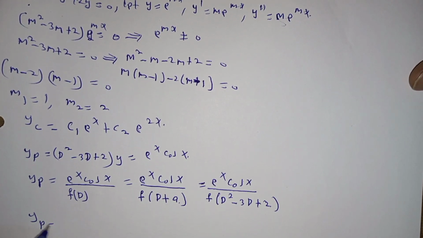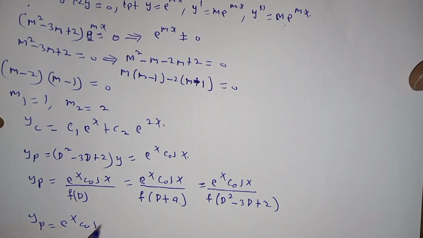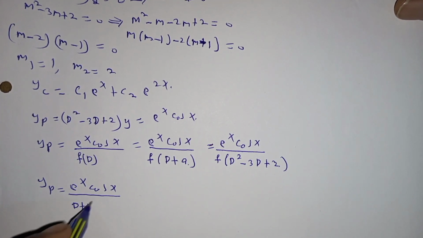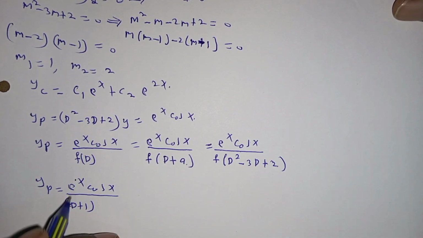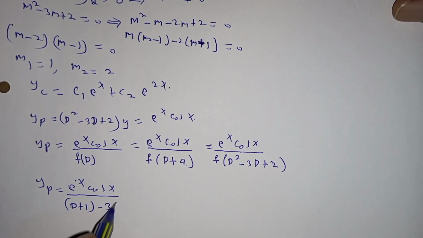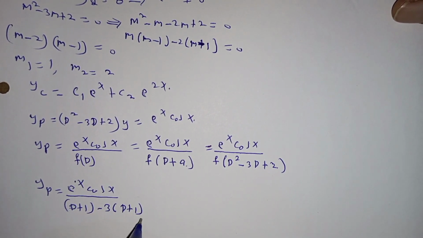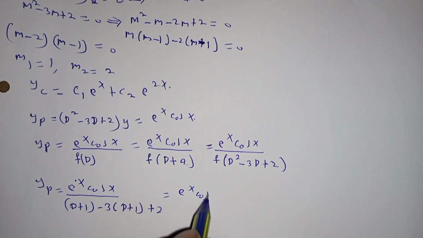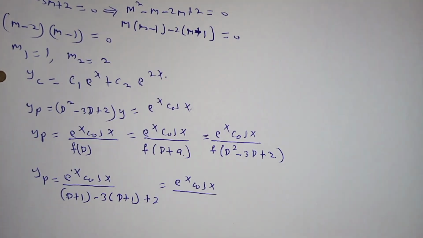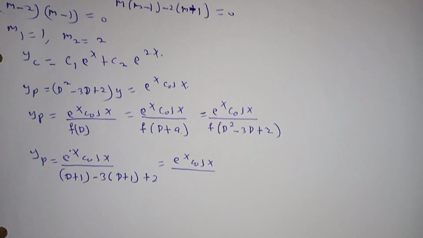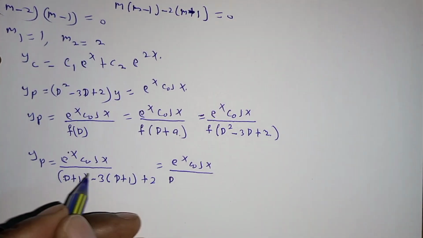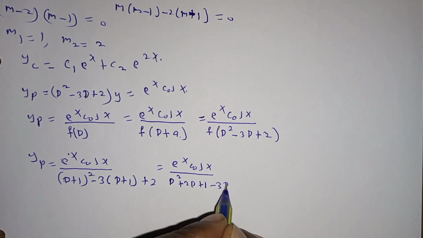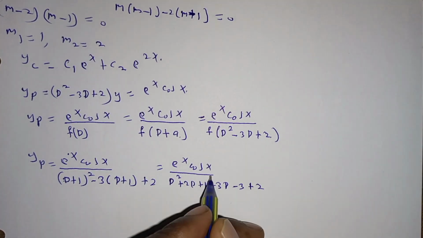So yp can be written as e^x cos x divided by, so you have d, one which is the part there in e^x, so (d plus 1) squared minus 3(d plus 1), then plus 2, which is equal to e^x cos x divided by d squared plus 2d plus 1 minus 3d minus 3 plus 2.